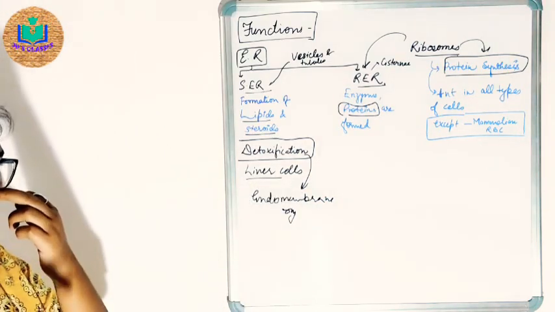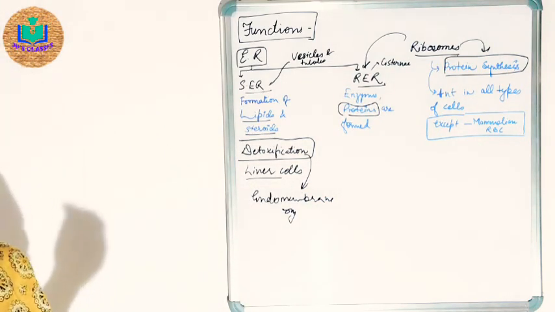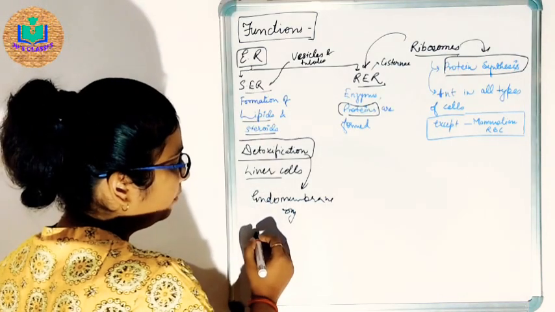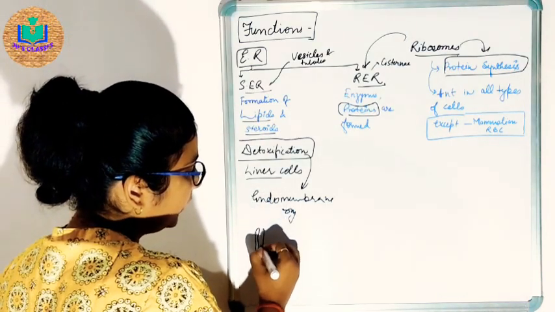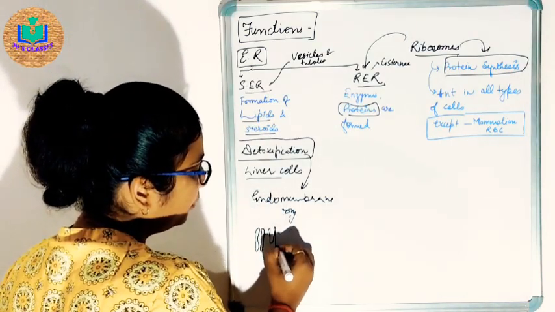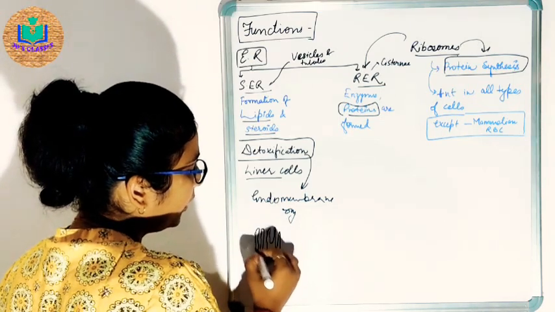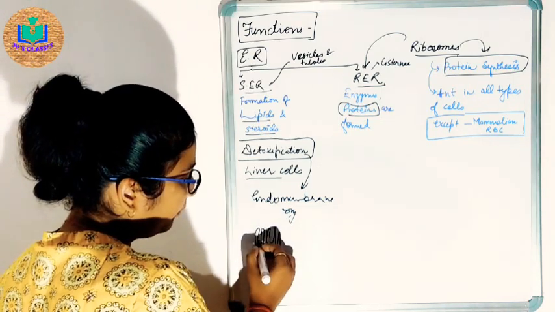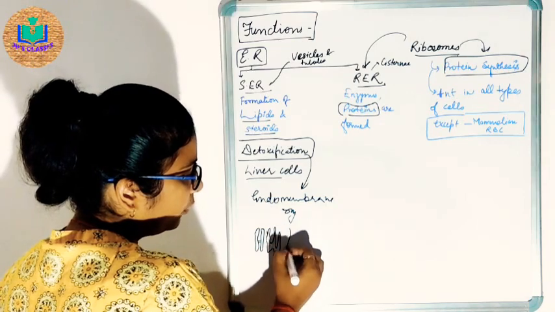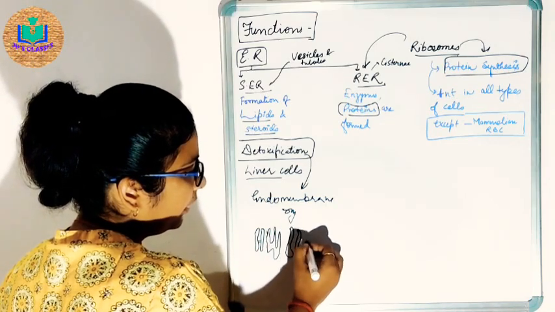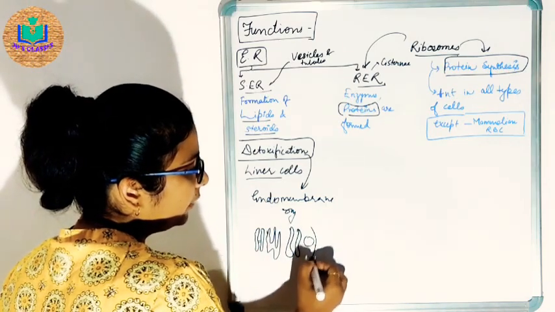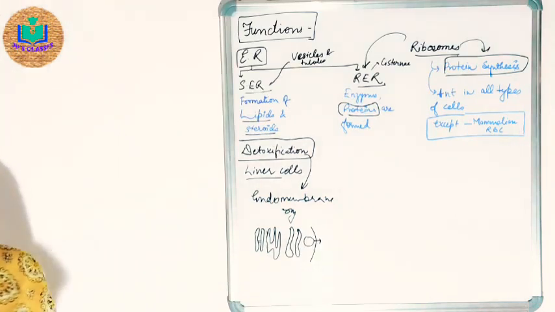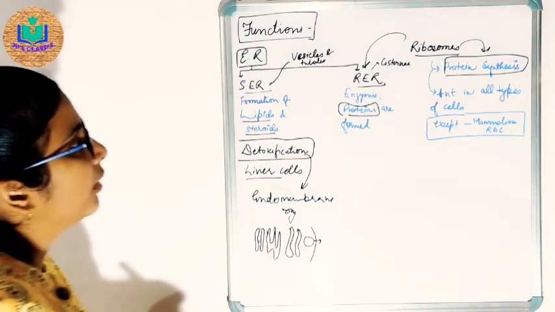One by one it transfers the toxic materials from the cisternae form to the tubule form, then to the Golgi apparatus, the Golgi body, and then the secretory vesicle, and goes out of the cell membrane.